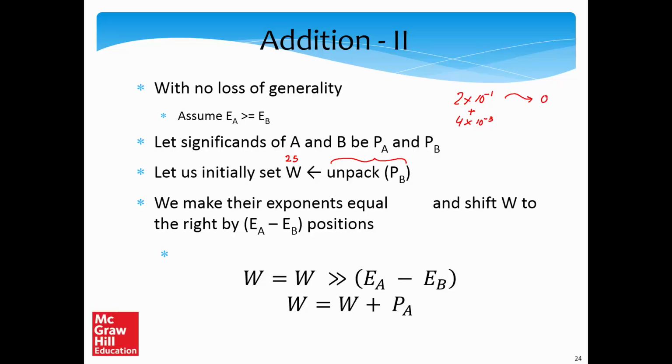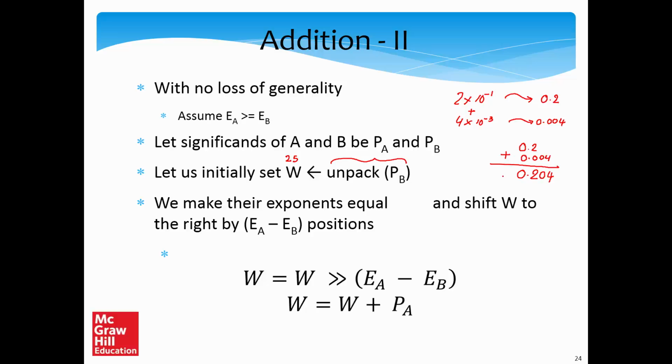So this would be 0.2, and this would be 0.004. Subsequently, I will write it in such a way that the decimal points are aligned. Then we will go forward and do the addition.